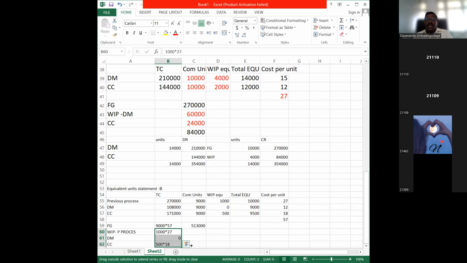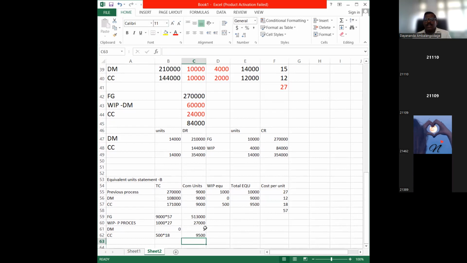So you just get the values here. Here it has to be 27. All right, here is the value, and also here the value is basically these two. Altogether, the value is 36,500.